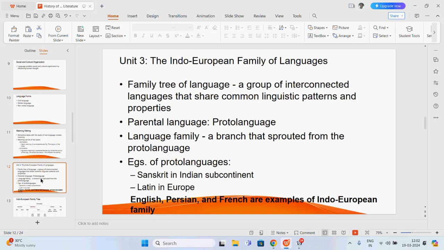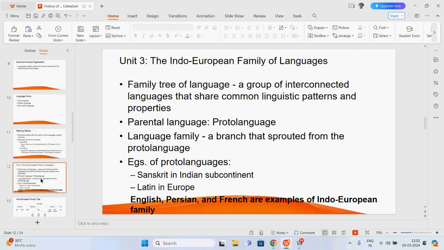Now in the 3rd unit, we continue to understand about languages and their origin, and we come to one particular family of languages from which the English language originated. So you should know about the Indo-European family of languages. In the next slide, I'll share with you a tree of the Indo-European family of languages to make it more clear. Let us look at the bullet points now.